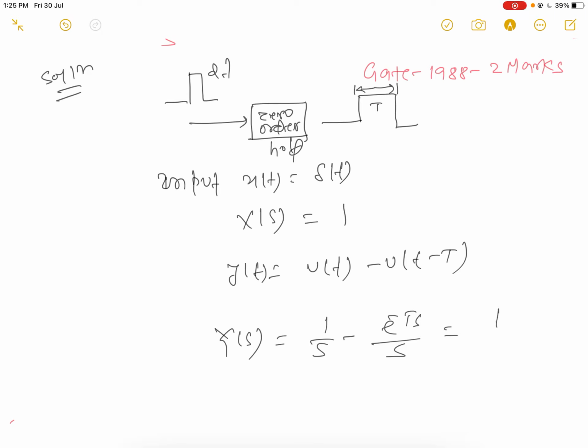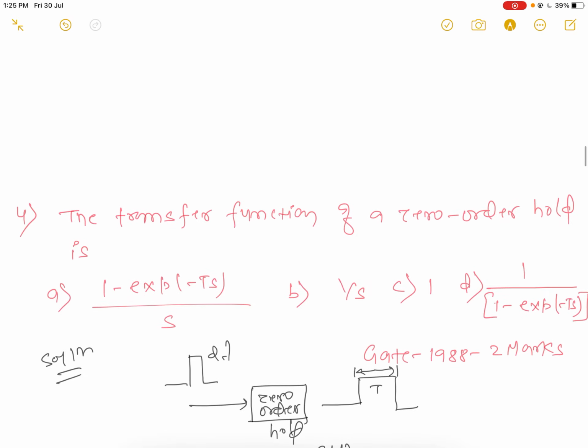Okay, so 1 minus e to the power minus Ts upon s. So transfer function will be Y(s) upon X(s), so 1 minus e to the power minus Ts upon s. So answer will be option A.